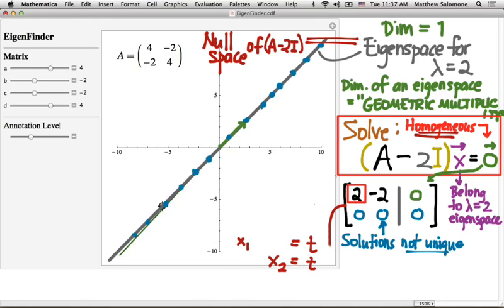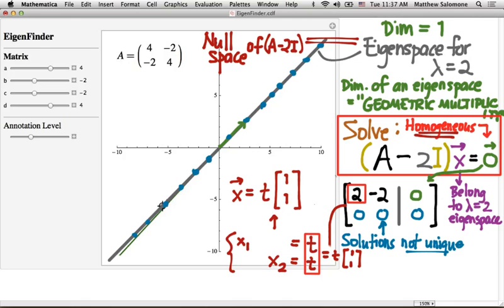So package these into a vector, and what does my solution set look like? t times what? 1, 1. If I factor the t out of this vector over here, that's what I get.